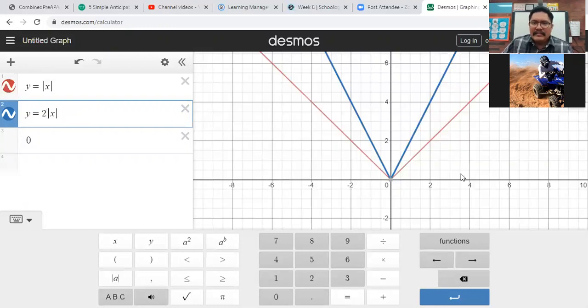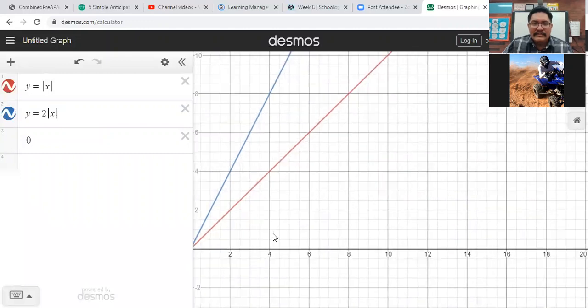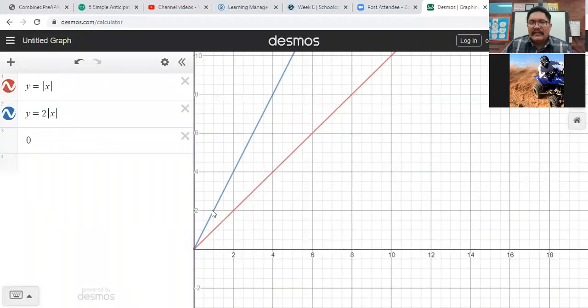Now, I mentioned that they're kind of like line functions. If I were to hide one side of it, it would look like a line function. So if you think about it, again, y equals 2x. That'd be like your slope, up 2 over 1, up 2 over 1, up 2 over 1. And the red one is up 1 over 1, up 1 over 1.